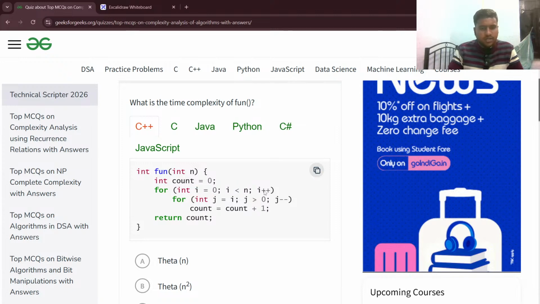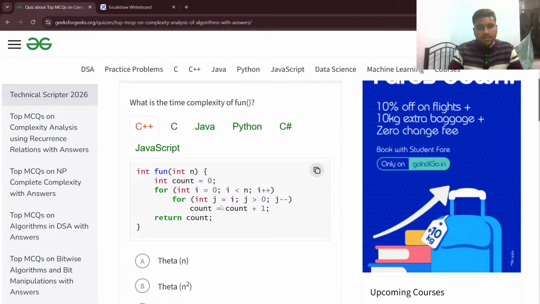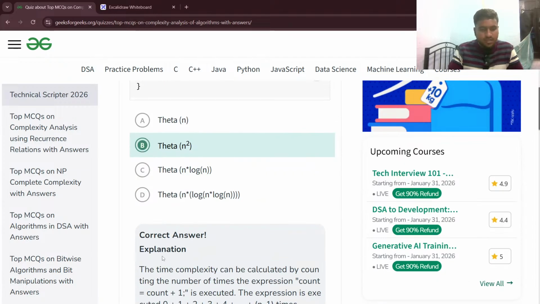This loop is running n times, upper loop is running n times, then the lower loop is also running n times, then the total time would be n square. Yes, that is the correct answer.